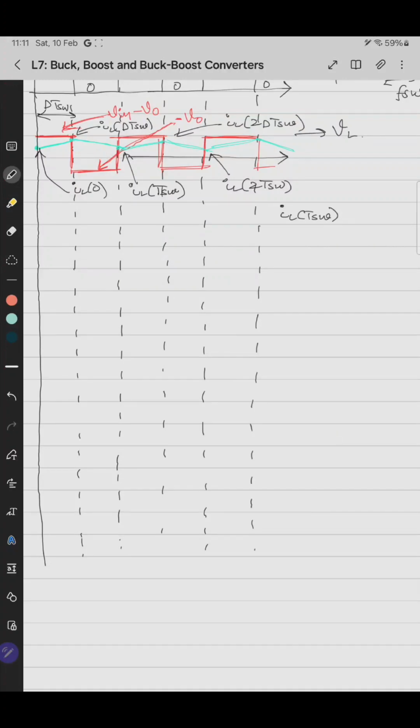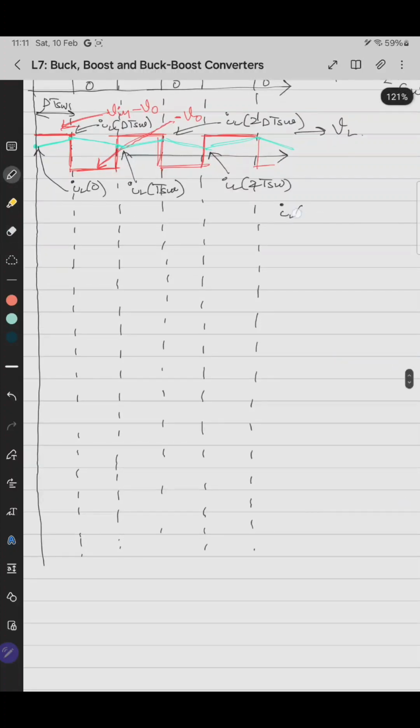One is the value of the inductor current at the end of the cycle, and the other one is the value of the inductor current at the end of the on cycle. That is, instead of writing like this, I'll write IL of N into T switching, and we have IL of N into D into T switching.